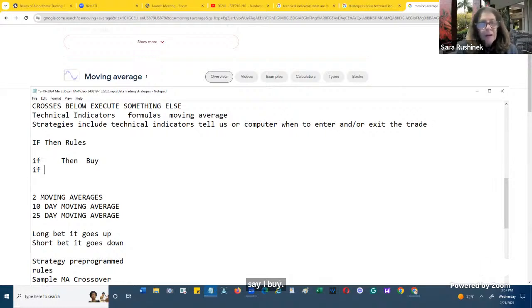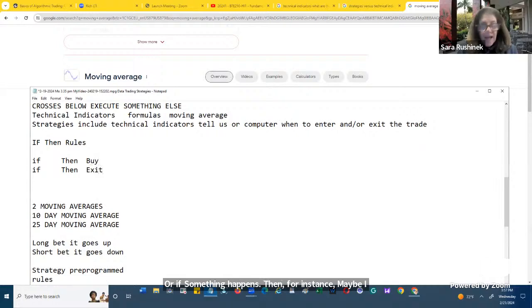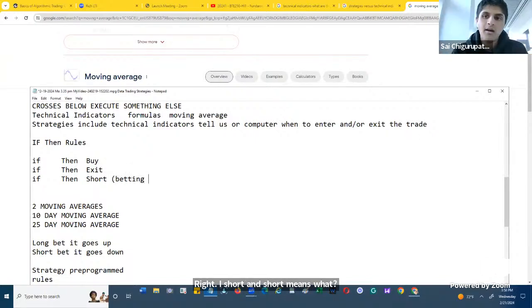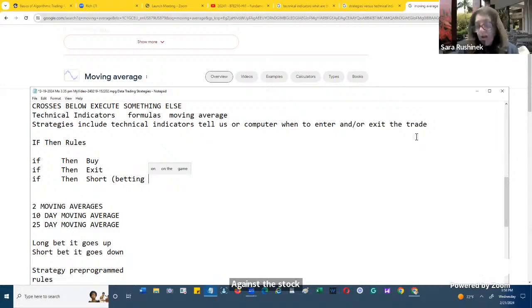Or if something happens, then maybe I exit. Or if something happens, then I short. And short means what? Betting against the stock. Yeah, betting it's going to go down.